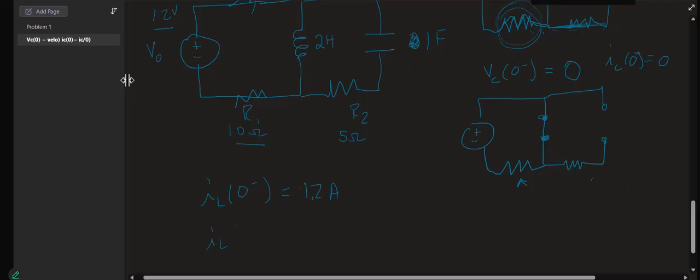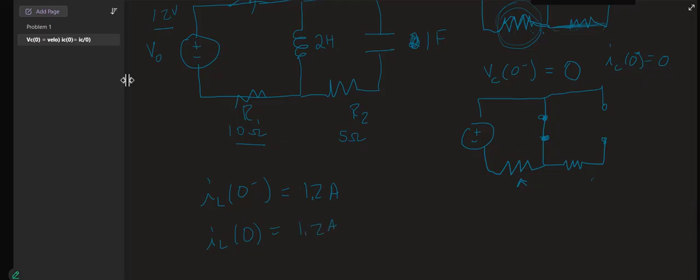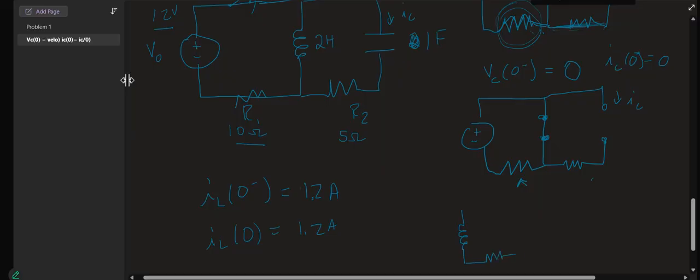What is IL of 0? 1.2 amps. Now, if I am defining IC as being the current going this direction, let's look at IC of 0. So now we have opened the switch.